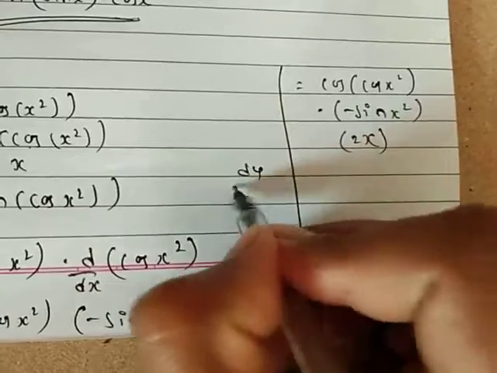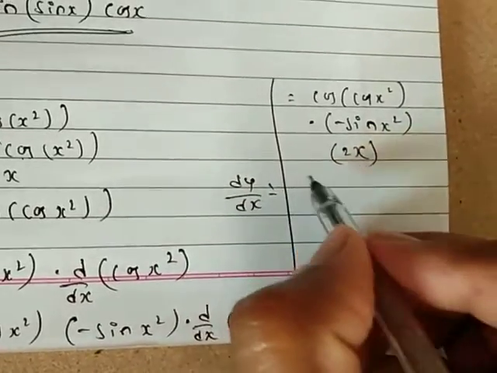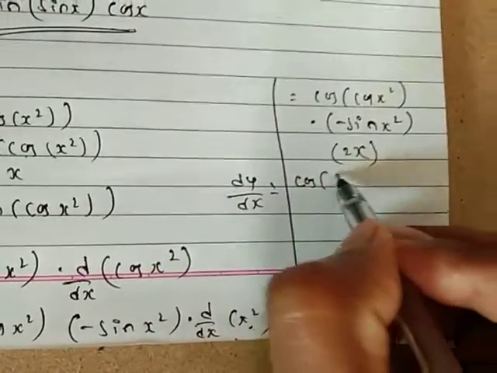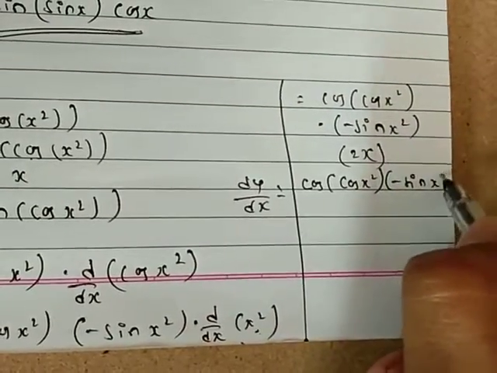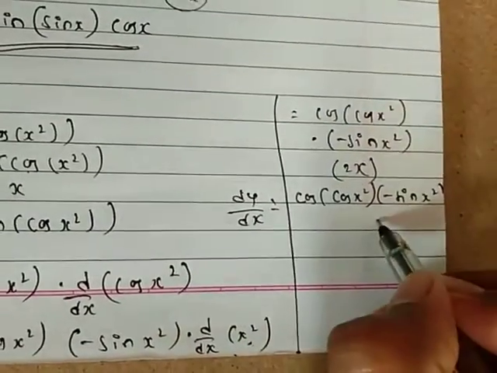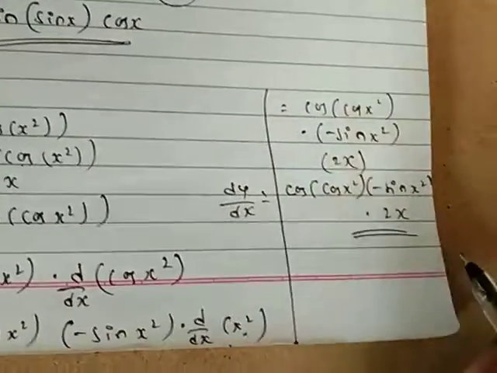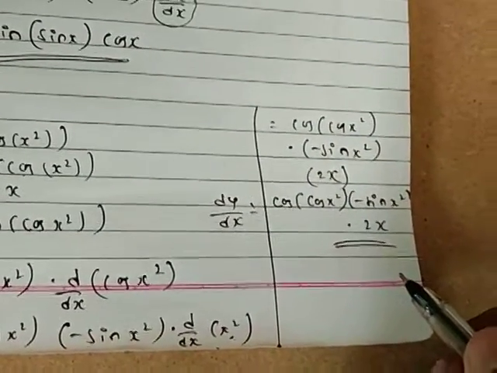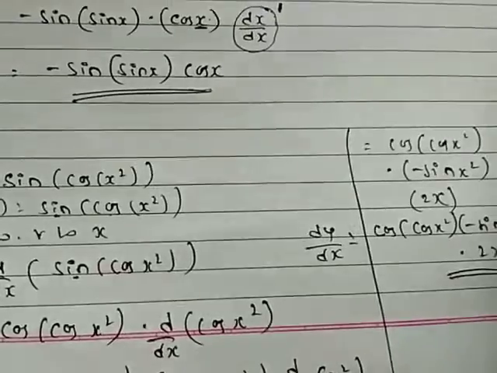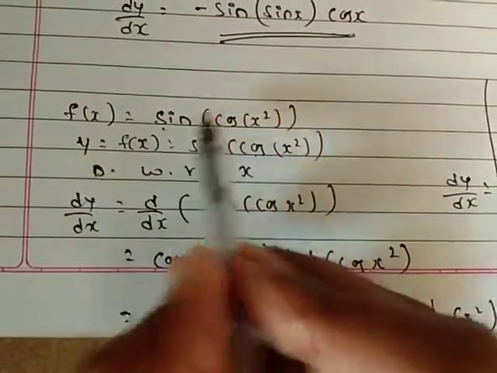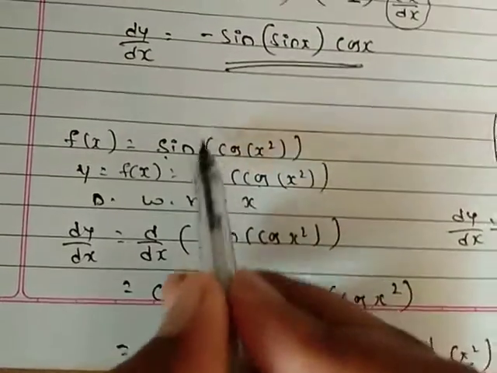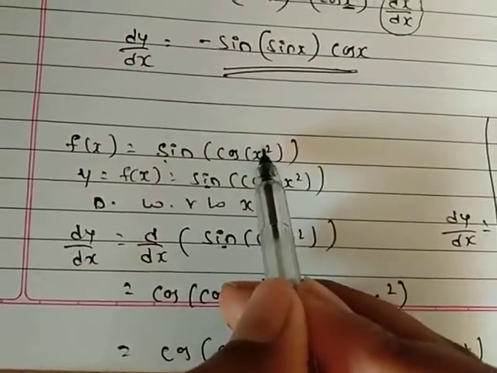So the final answer for differentiation is cos of cos x square into minus sin of x square into 2x, which is the required differentiation of sin of cos x square. Observe here, first we need to differentiate sin x, in the place of x we have cos of x square.